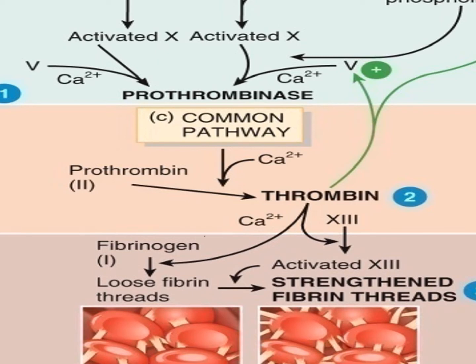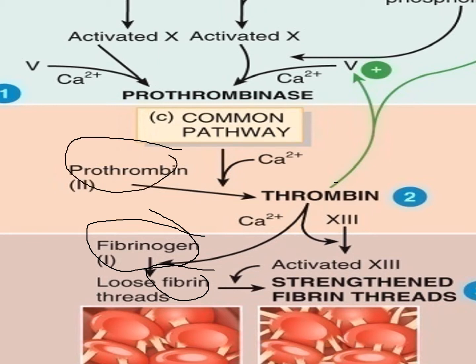The last step is soluble fibrinogen turning into insoluble fibrin, and the step right before that is prothrombin turning into thrombin. Thrombin is what causes fibrinogen to turn into fibrin.